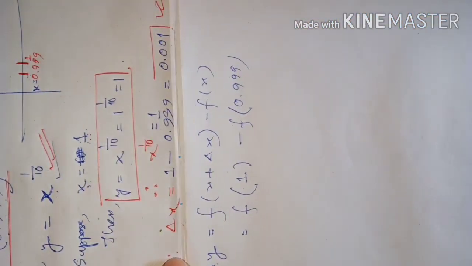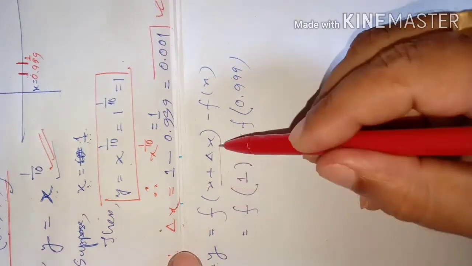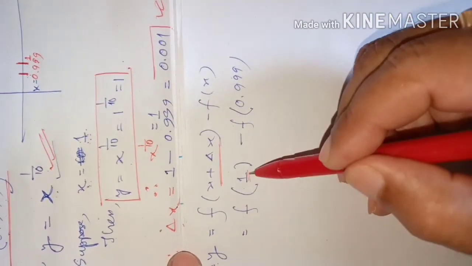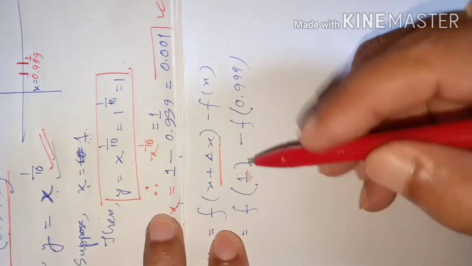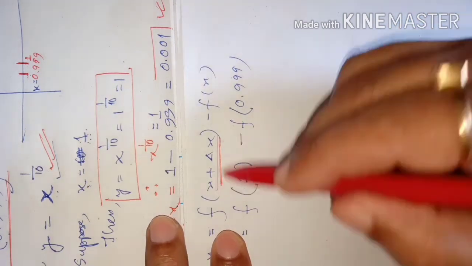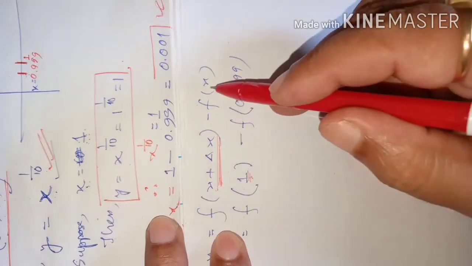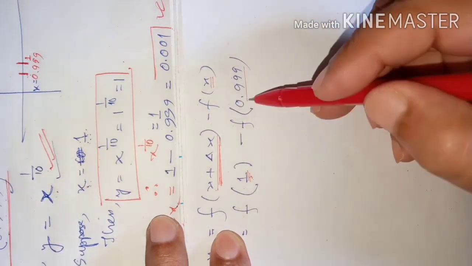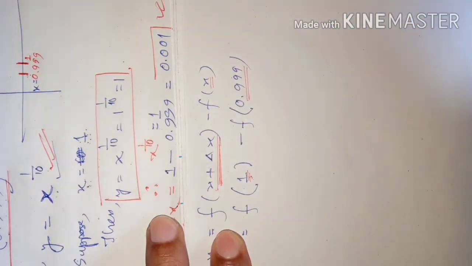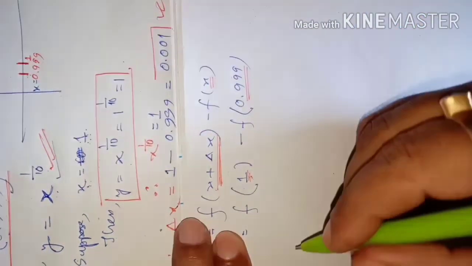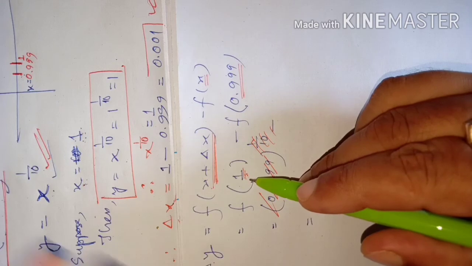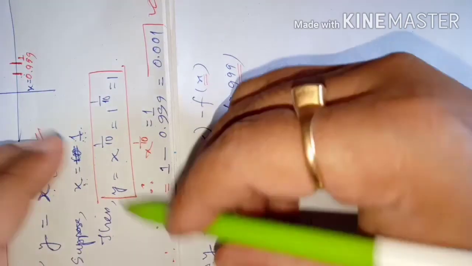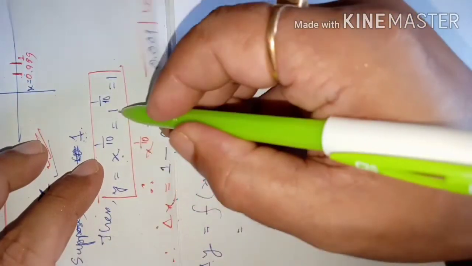Because newly taken number is which one? That is our x plus delta x. Newly input for x is 1. So we have taken f of x plus delta x as 1, and the given number is our x. So it will be equal to f of 1 minus f of 0.999. F of 1 is equal to 1, because we have taken x equal to 1 here.